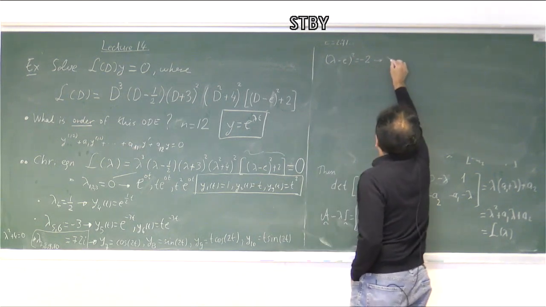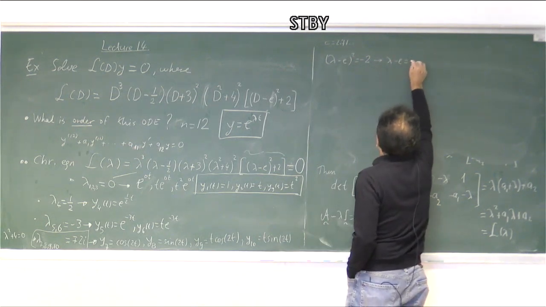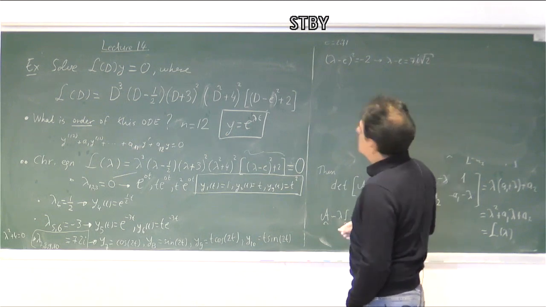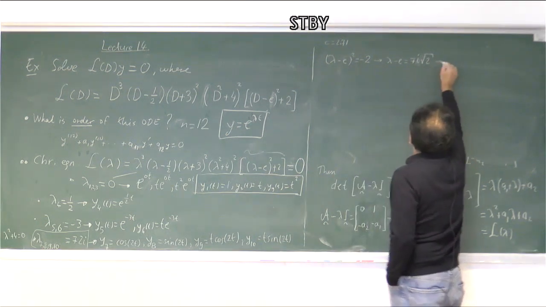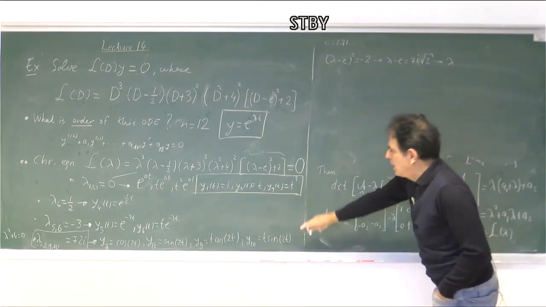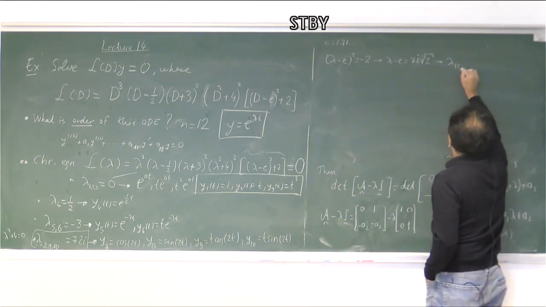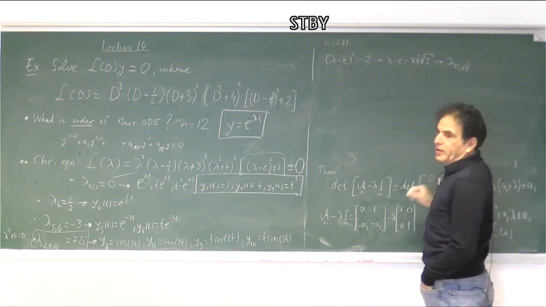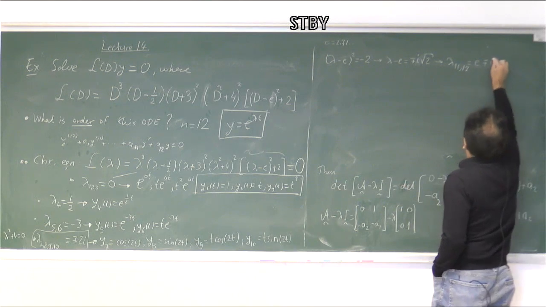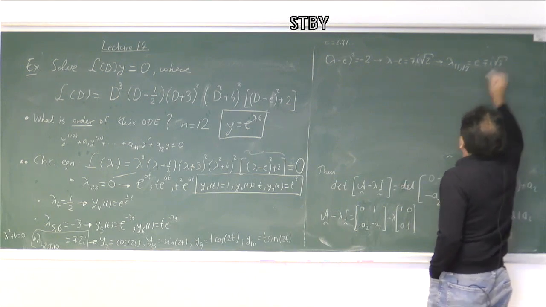Therefore, lambda minus e is plus or minus I times the square root of 2. And lambda represents 2 roots, say 11 and 12, roots of the characteristic equation, e plus or minus I radical 2.